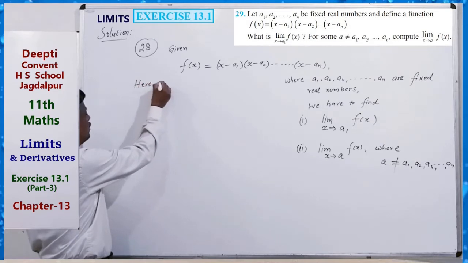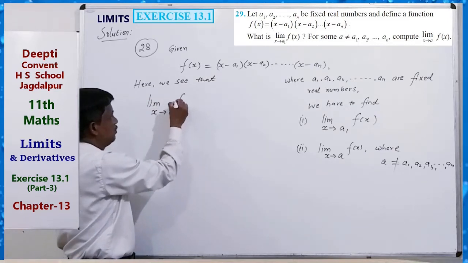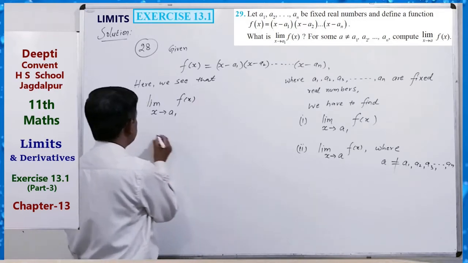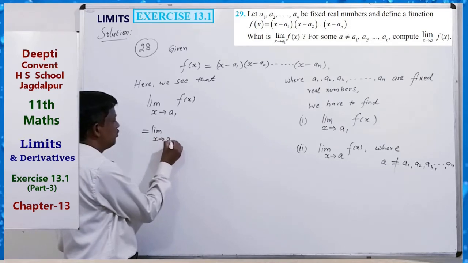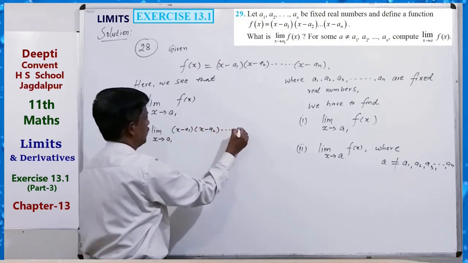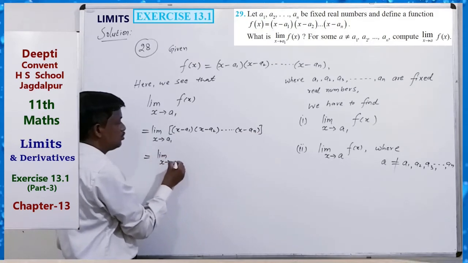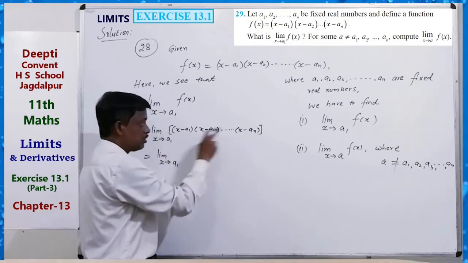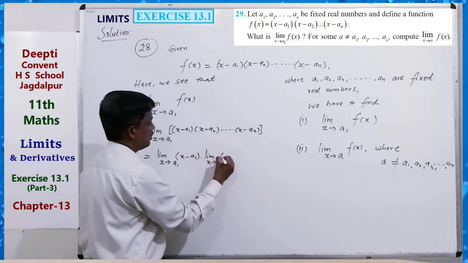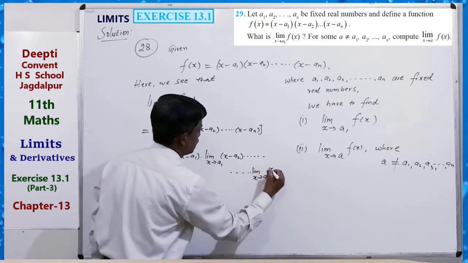Here we see that limit x tending to a1 of the function equals limit x tending to a1 of (x minus a1)(x minus a2) up to (x minus an). Limit of a product of factors, so you can write limit x tending to a1 of (x minus a1), limit x tending to a1 of (x minus a2), up to limit x tending to a1 of (x minus an).